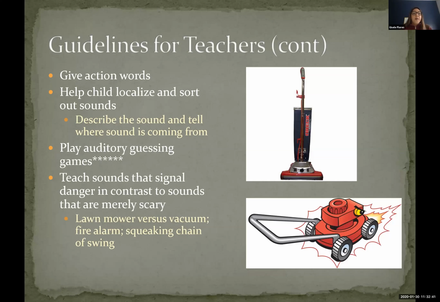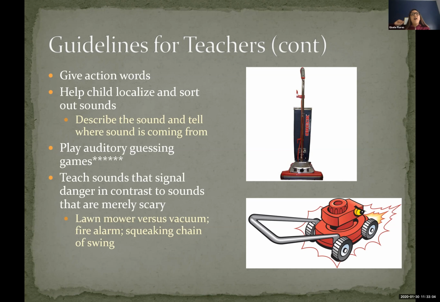Okay. What's important too is helping children to localize and sort out sounds. Loud sounds are going to be scary, but it's important to differentiate between just loud and then dangerous. And this is a really fun game to actually play with an entire classroom of children who can see and who have visual impairment.